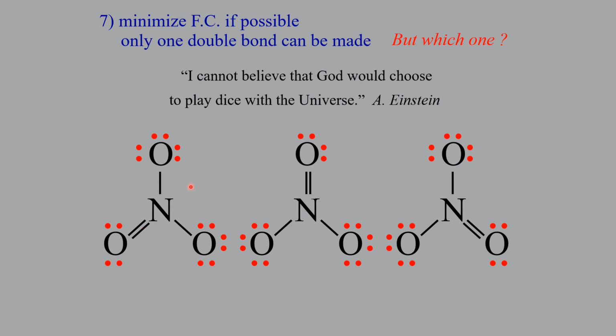And we know that, so any of these structures should have 1 nitrogen-oxygen bond that is shorter than the other 2, and we don't see that. Furthermore, what we see is all bonds are exactly the same length, and they are a length that is intermediate in between what you would normally look at for a nitrogen-oxygen single bond and a nitrogen-oxygen double bond.